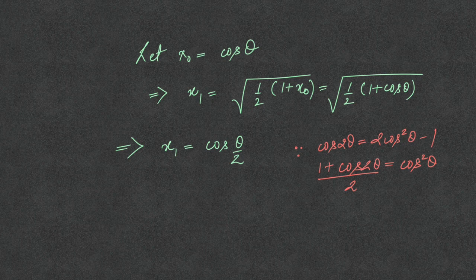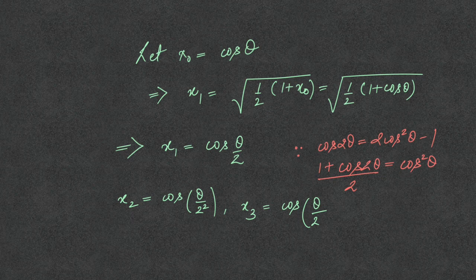Similarly, x2 becomes cos of theta by 2 square, x3 becomes cos of theta upon 2 cube, and so on.